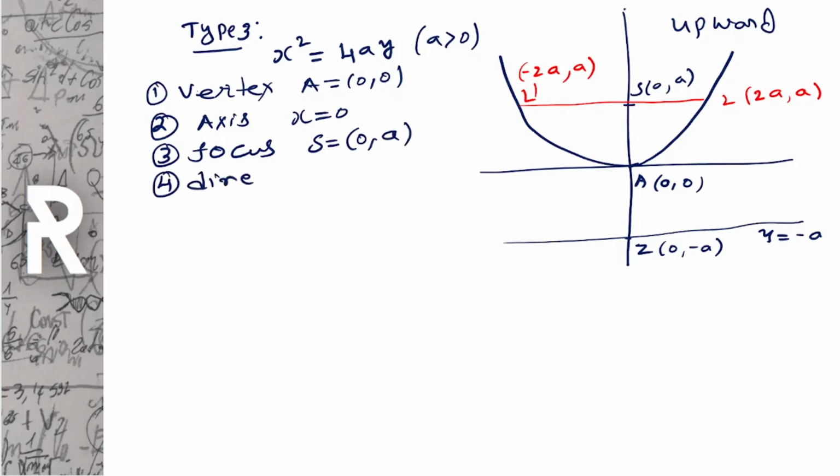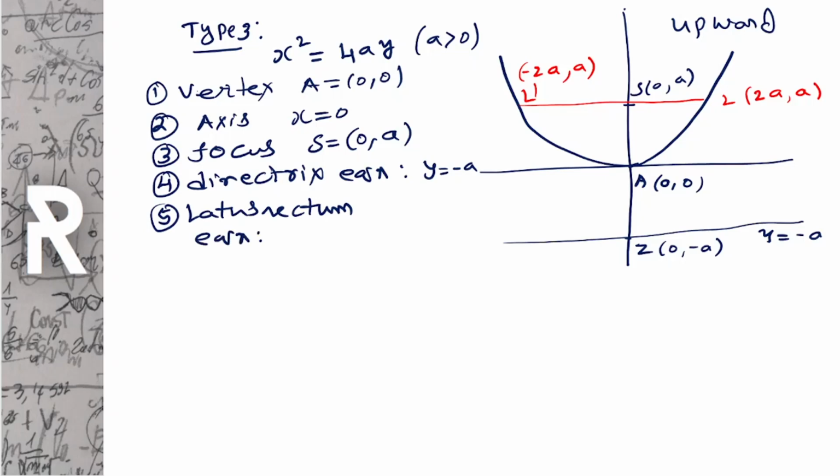Directrix equation is y equal to minus a. Latus rectum equation y equal to a. Length LL dash 4a. Ends (plus or minus 2a, a).